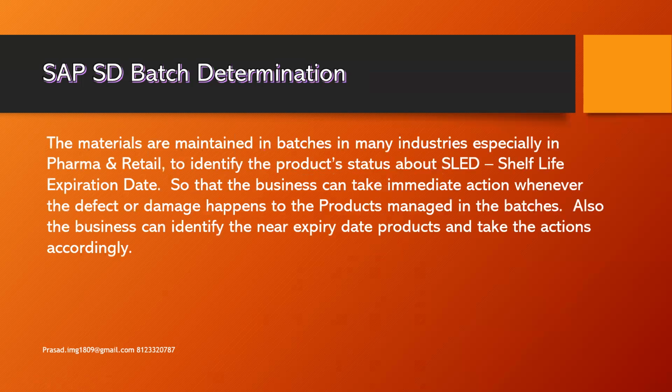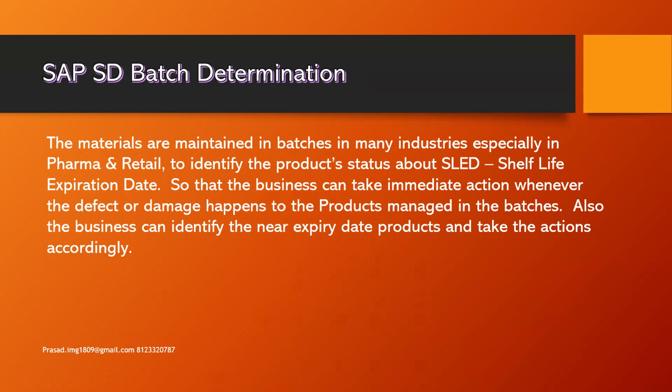We all know that the majority of the products available in the market, whether in the retail industry or pharma industry or any other industry, are maintained in batches to track their shelf life and expiry date.